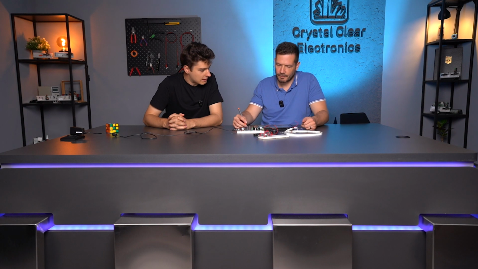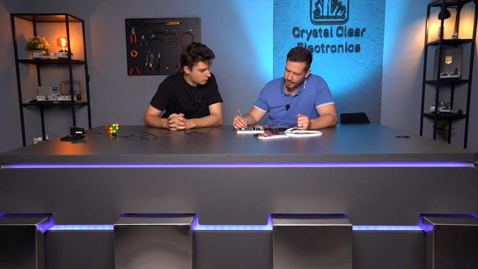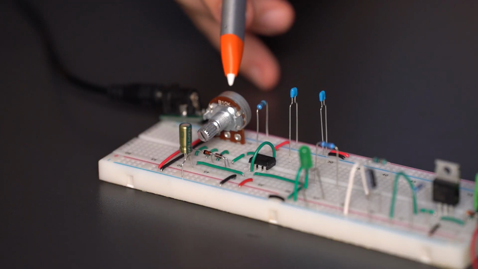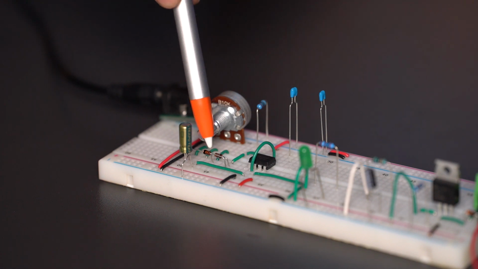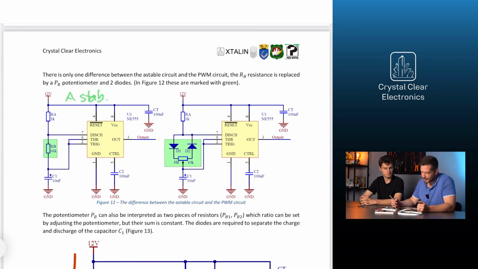Nice! I can see in the right figure that there is only one difference between the astable circuit and the PWM circuit. The RB resistance is replaced by a PB potentiometer and two diodes. Yes, the difference highlighted to our viewers with green. The potentiometer PB can also be interpreted as two sets of resistors, that is PB1 and PB2, whose ratio can be set by adjusting the potentiometer, but their sum is constant.